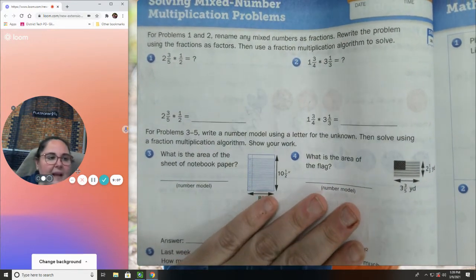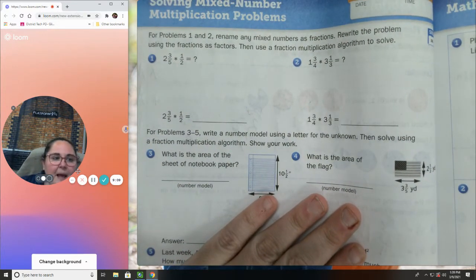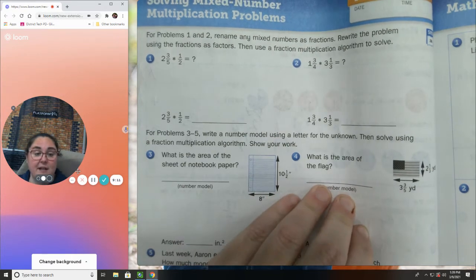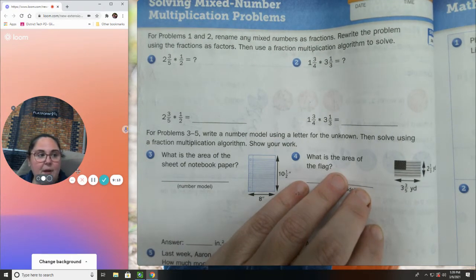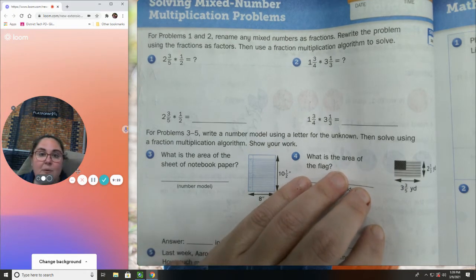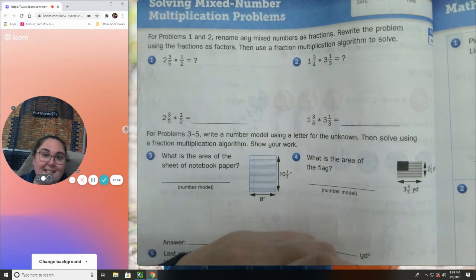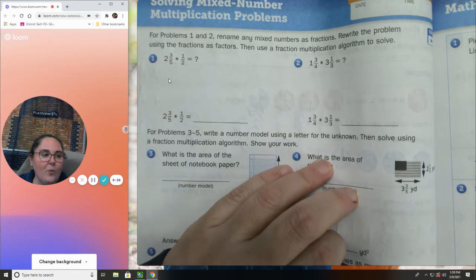So number 1 and 2, it says, rename any mixed numbers as fractions. Rewrite the problem using the fractions as factors, and then use a fraction multiplication algorithm to solve. So we're going to start by rewriting them as fractions, as improper fractions. Look at number 1.